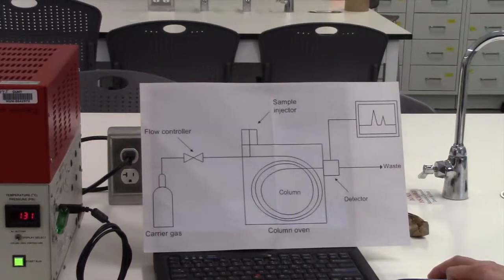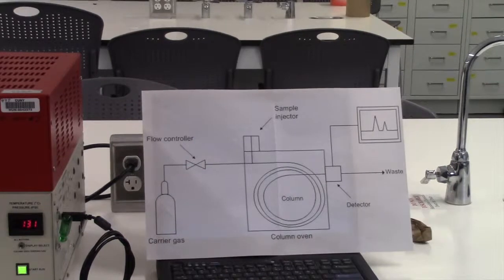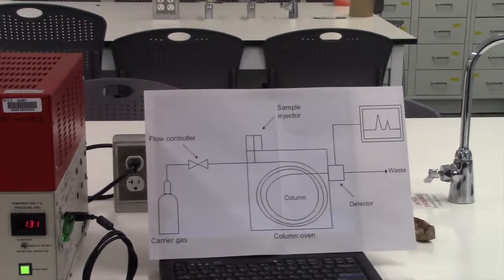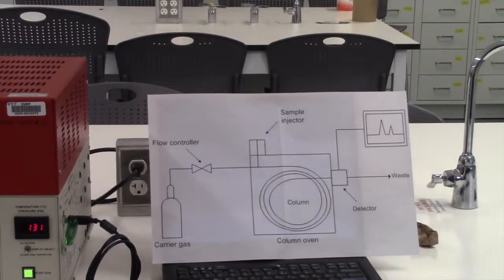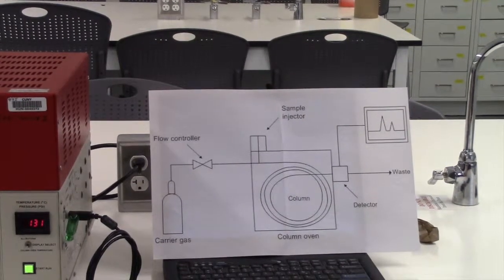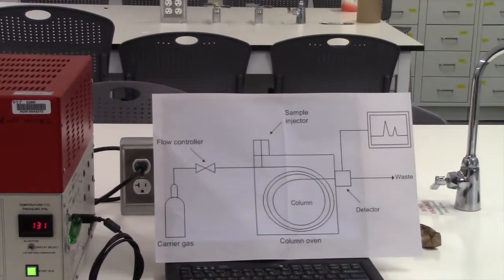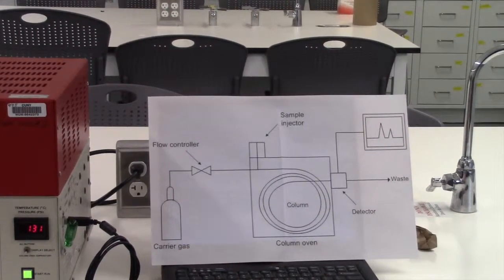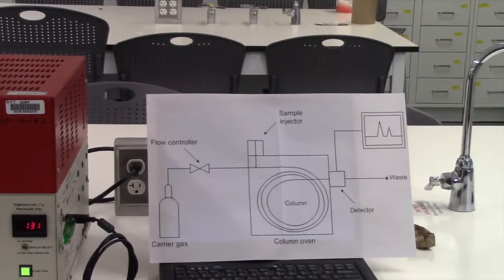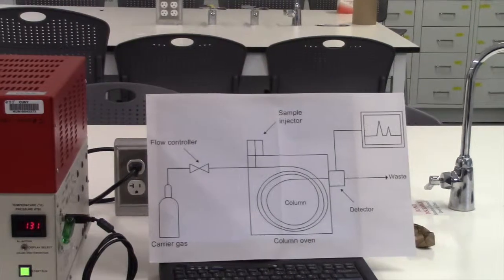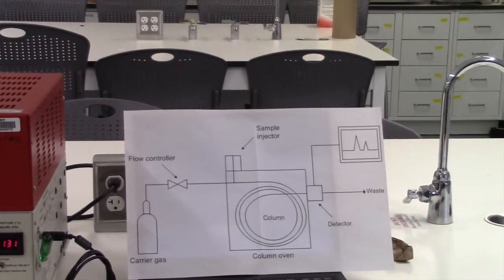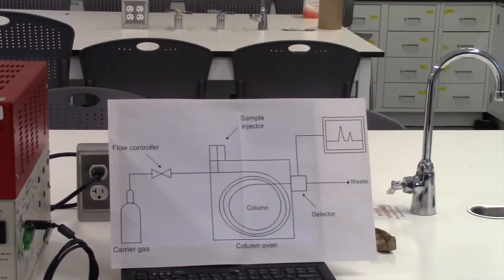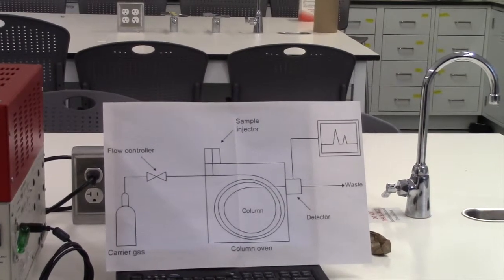So the basic principle is to separate a solution with different molecules on the principle of their size, and well, not only the size, but the size is the main criteria, and also the volatility, and how charged the molecule is.